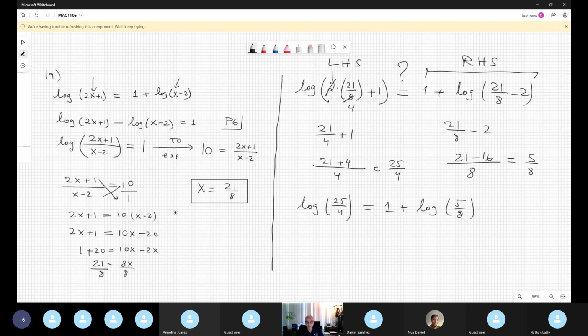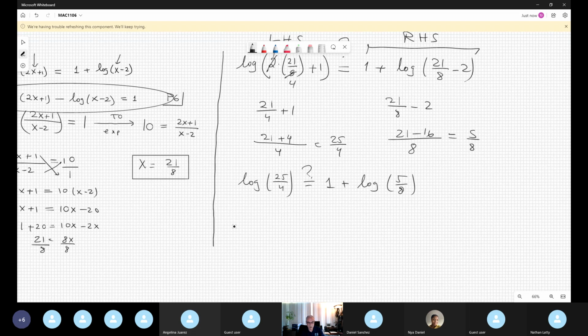How do you prove that this is true? Well, you're using the same idea as before. Look, the idea is you move this logarithm to the same side and try to condense it. The logarithm of 25 over 4 minus the logarithm of 5 over 8 should be 1.